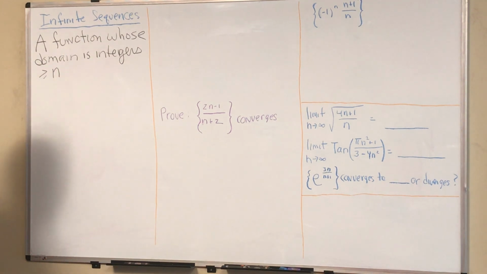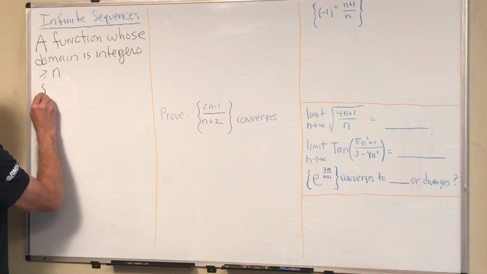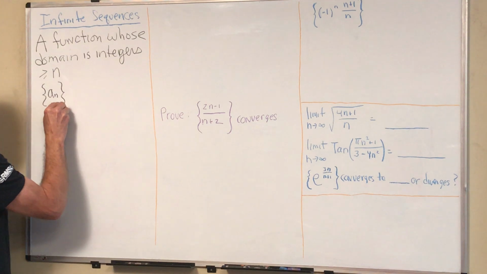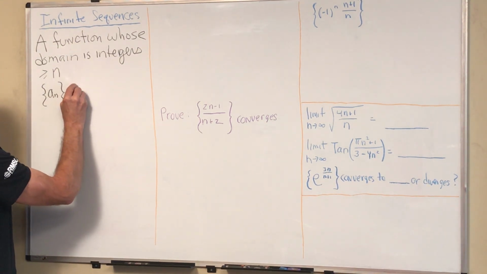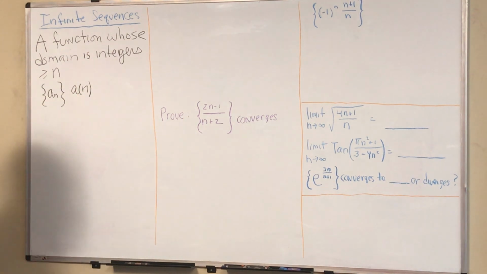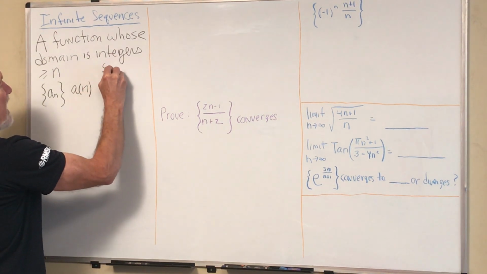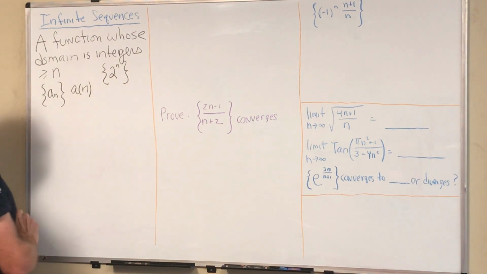So how do you denote an infinite sequence? That's one way of doing it. Or you could make it look a little bit more like a function. So to give you an example, you could have 2 to the n.